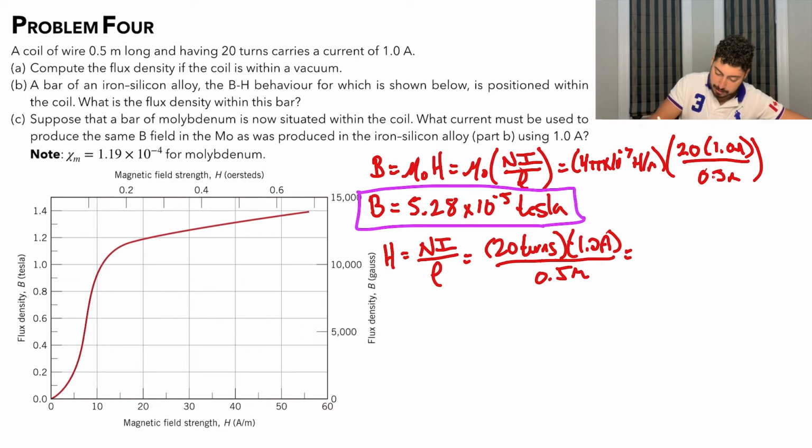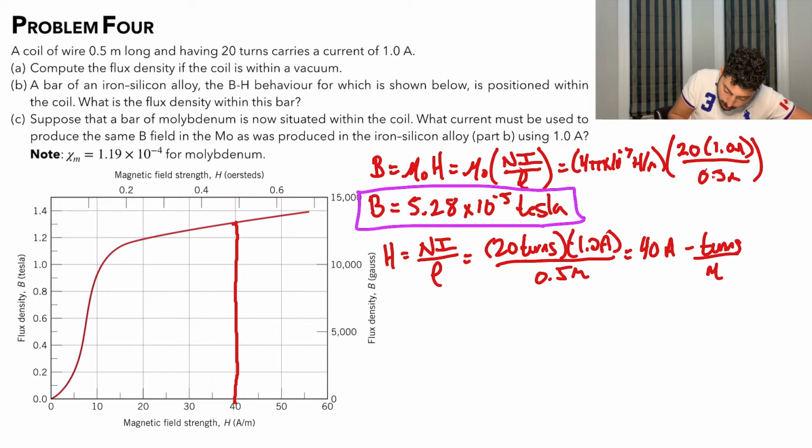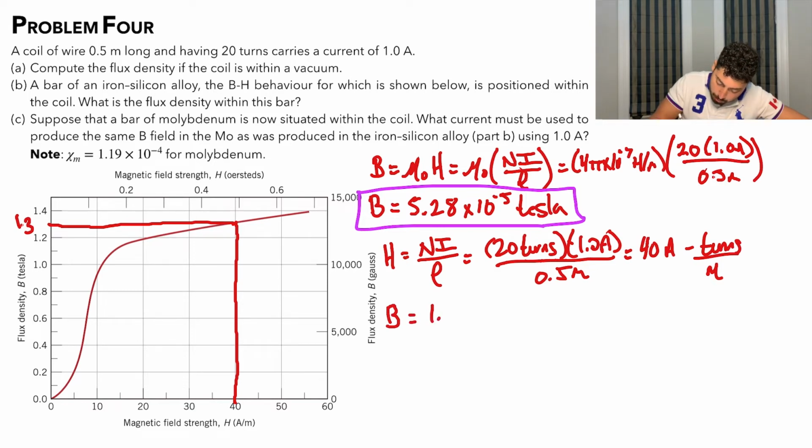And that's going to give us a magnetic field strength of 40 amp turns per meter. So now all we have to do is go to our 40 on our graph and go all the way up until our point of intersection of the curve and come across and read our flux density, which is approximately 1.3. So we can say that our flux density is equal to 1.3 Teslas for part B.